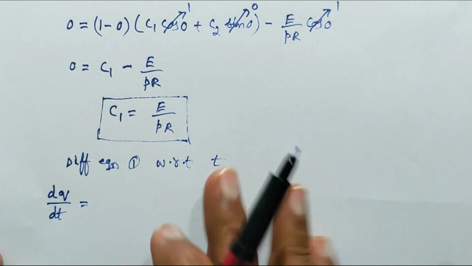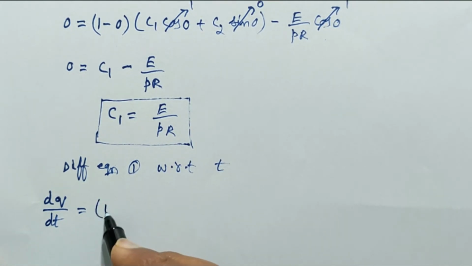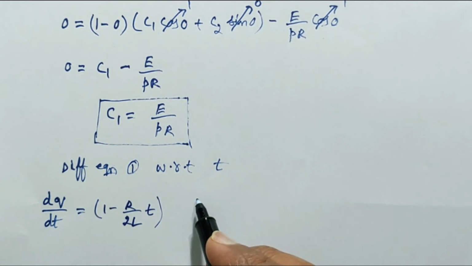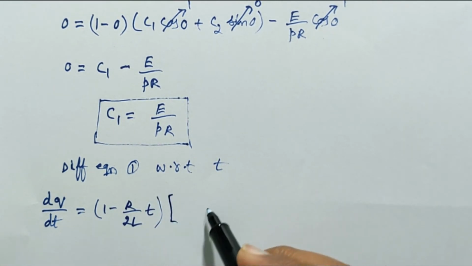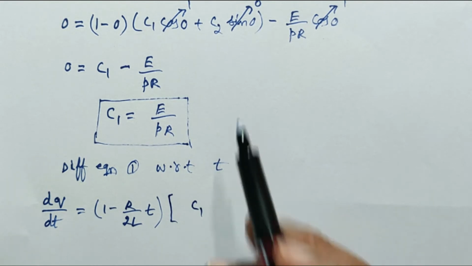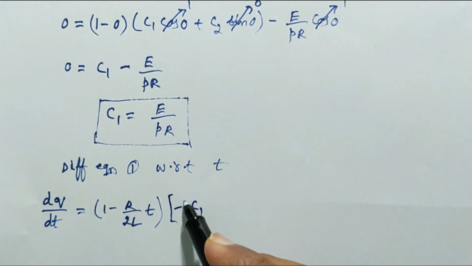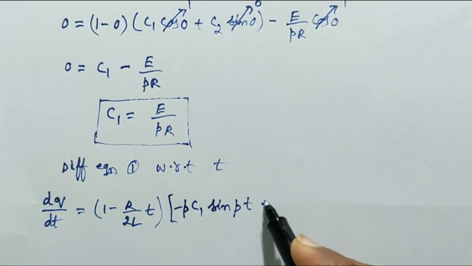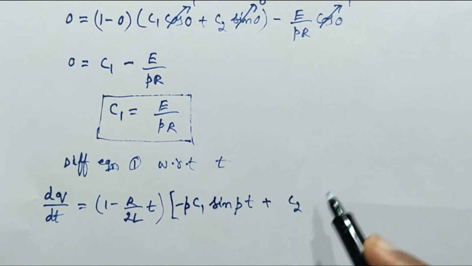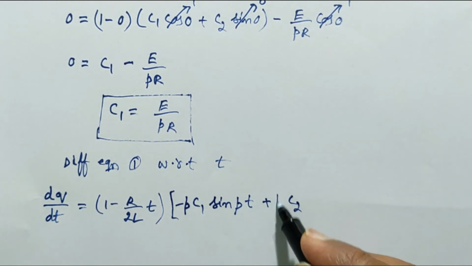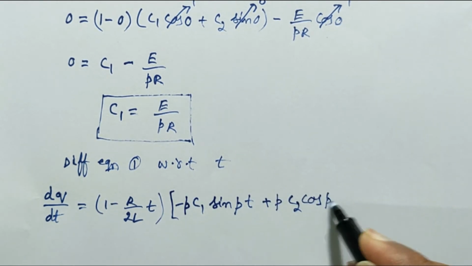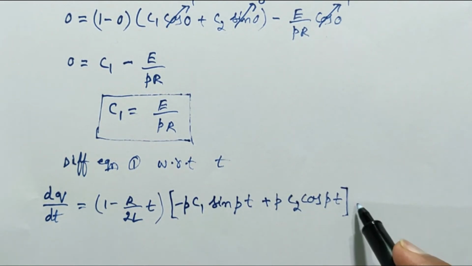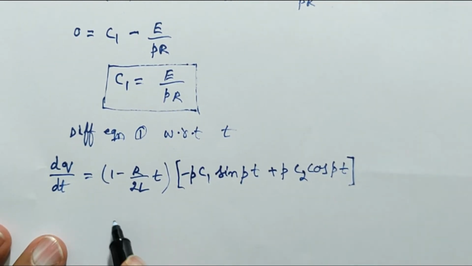If I use the product rule, we get 1 minus R by 2L times T as it is. Now differentiate the next value. You have C1, the constant, as it is. Differentiation of cos of PT will be minus P times sine of PT, plus C2 as it is. Differentiation of sine of PT will be P times cos of PT. So it is U into V dash plus V into U dash.